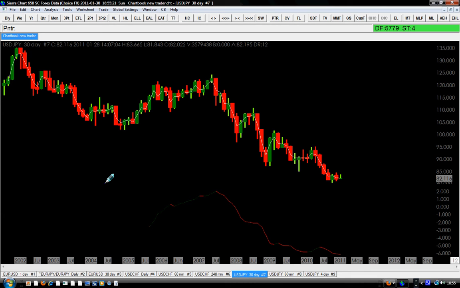The dollar yen currency pair is now at a very critical level that we need to pay attention to carefully. At the beginning of this year, we did a video showing you a very powerful reversal candlestick pattern.